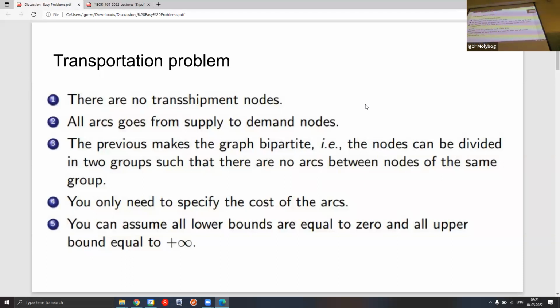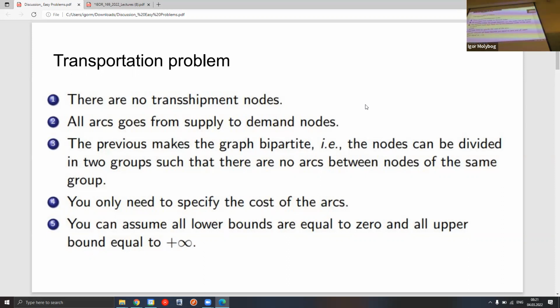The transportation problem is based on a bipartite graph, meaning that the set of all nodes can be split into two parts. The first part and then the second part. The important feature of this division is that there are no arcs going between two nodes in the same part.